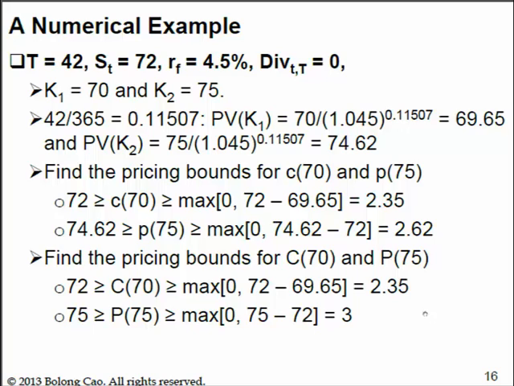You can get a higher payoff. So the $3 is just the lower bound. Again, for an American put option with a $75 strike, the upper bound will be $75. The lower bound will be $3 when the underlying price is $72 and it has 42 days to expiration and the interest rate is 4.5%. But for the American put, it doesn't matter what the interest rate is. The whole present value thing is gone.